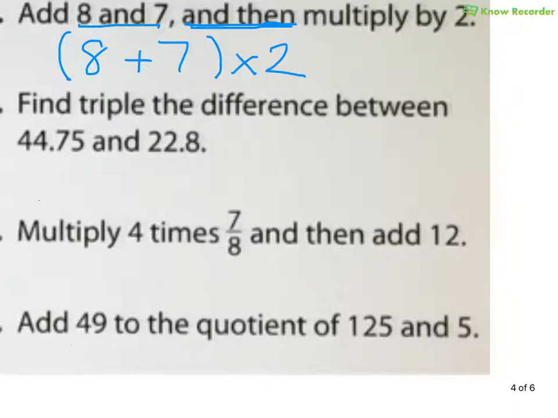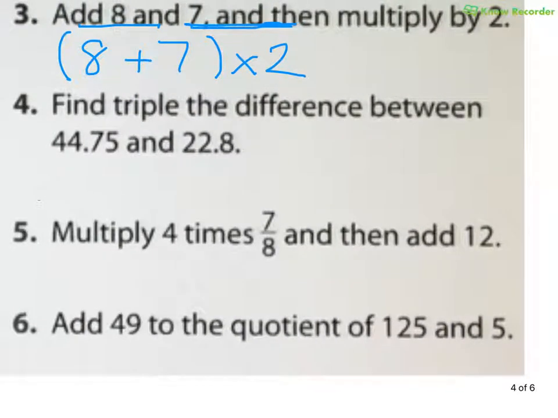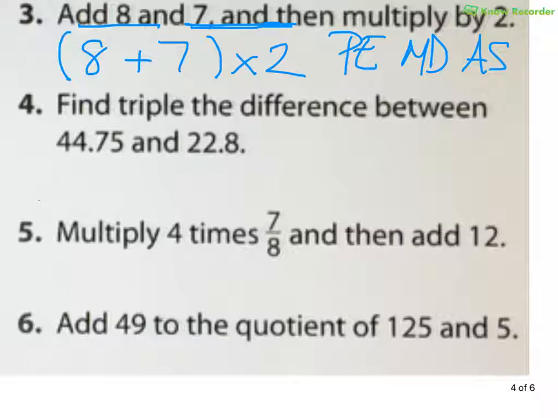You're going to notice I put parentheses around the 8 and 7 because in order of operations, once again, multiplication and division would come before addition and subtraction. Same problem. I would have done 7 times 2 first without these parentheses. These parentheses say, hey, no, even though that's addition, you're going to do it first because parentheses happen before the rest.